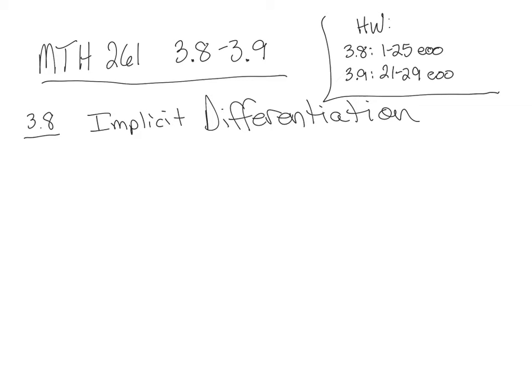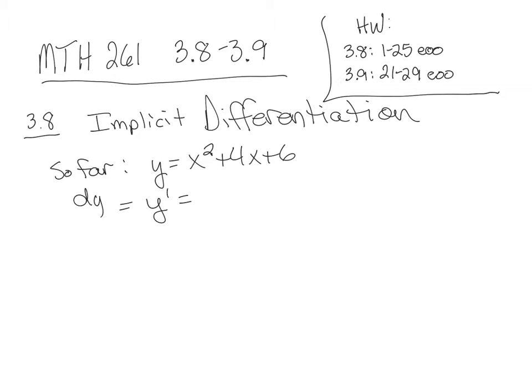Okay. Derivatives that we've done so far, we have been given f of x or y as a function of x, and then we take the derivative, also notation, the derivative of y that depends on x.